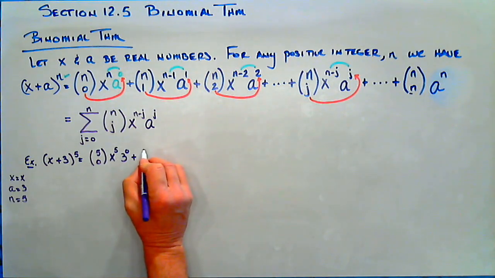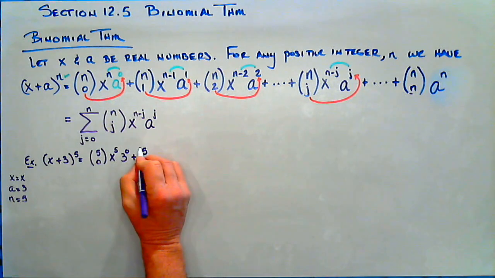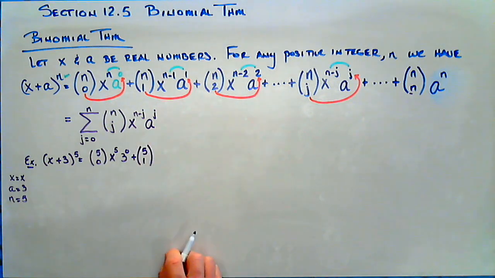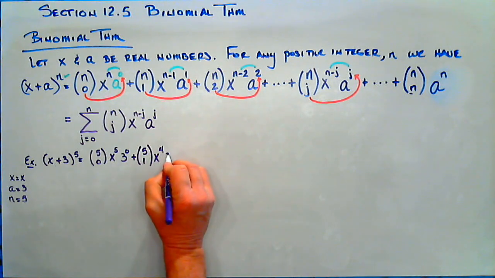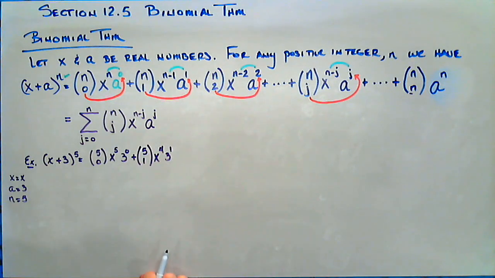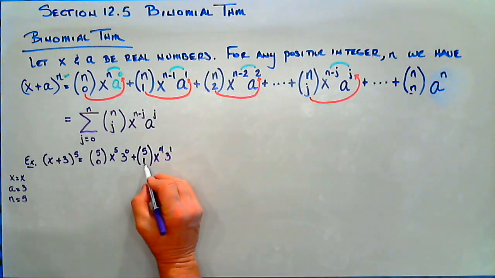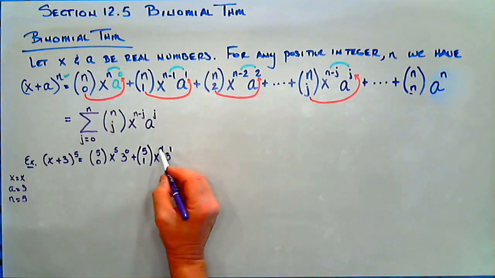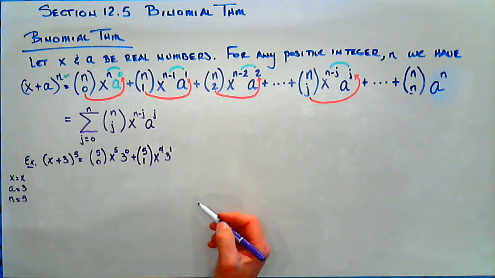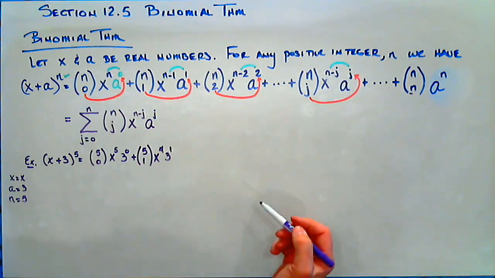Who's my next term going to be? It's going to be 5 choose 1. Now x goes down by 1. The power on 3 goes up by 1. Or this number matches this number, and this number is the difference of these two, right? That's what we said, n minus j.